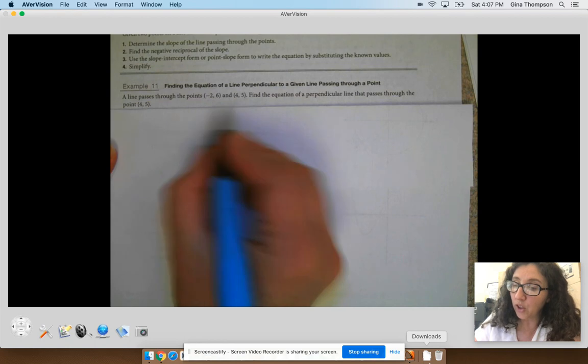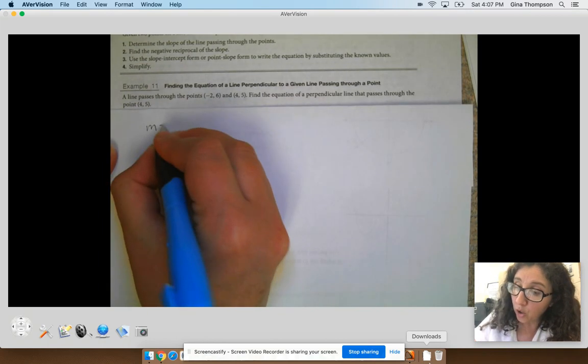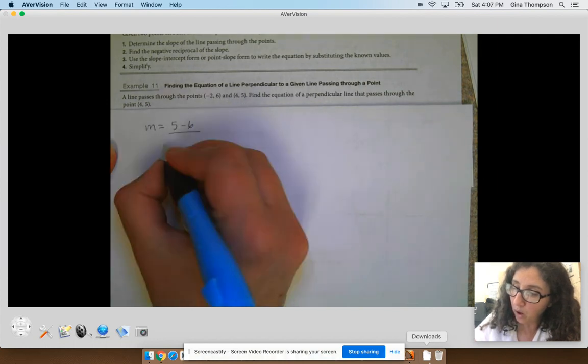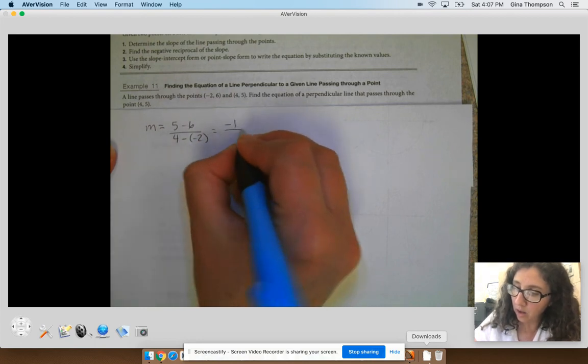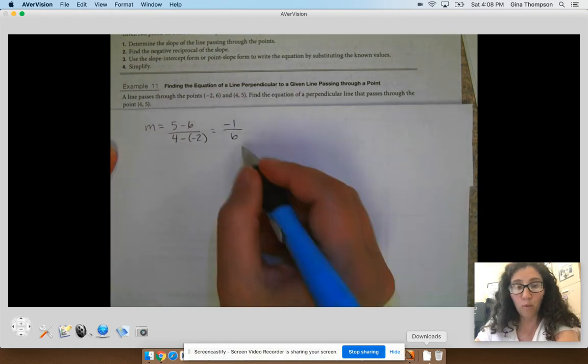So we have to find the slope of our original line. So our original slope is going to be 5 minus 6 over 4 minus negative 2. So that's negative 1 over 4 plus 2, which is 6. So our original slope was negative 1/6.